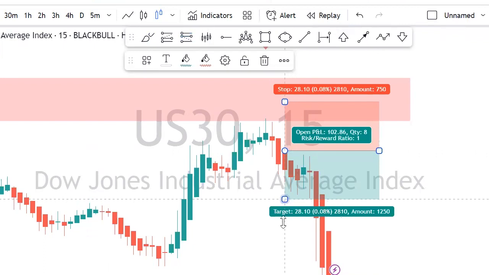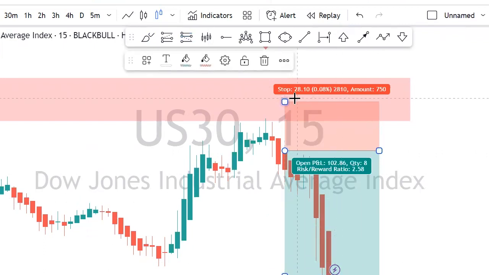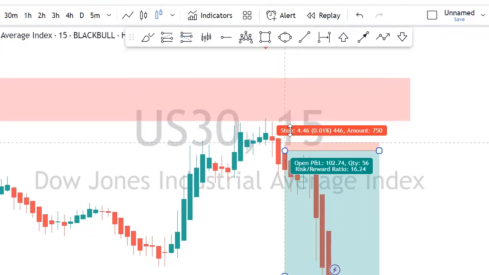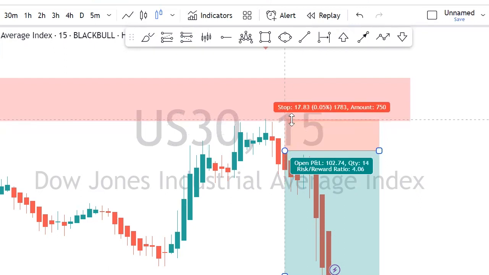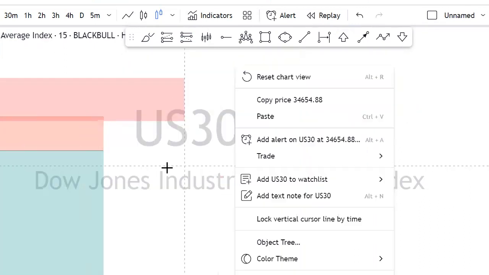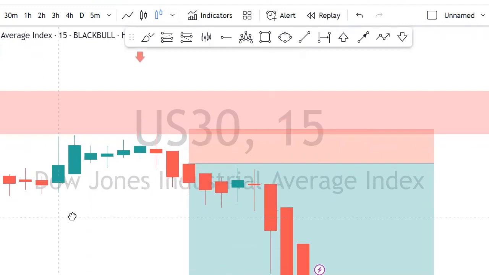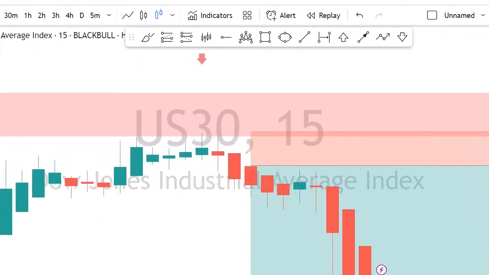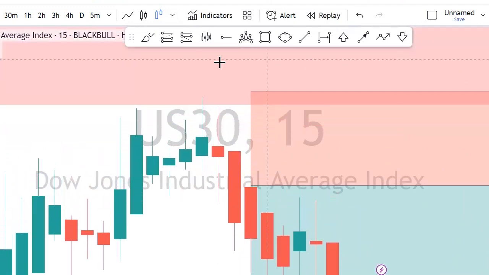candlestick right there, and then we scale down and we put our stop loss right above the highest point on our third touch, which is this wick right here. Let me just zoom in because you're watching this on your phone, I know.